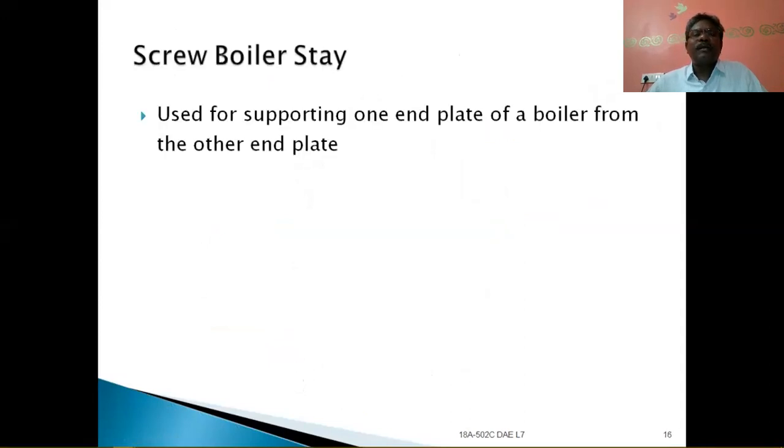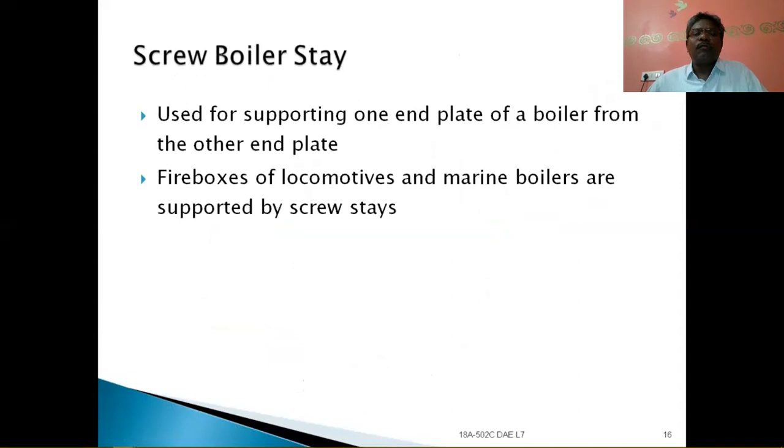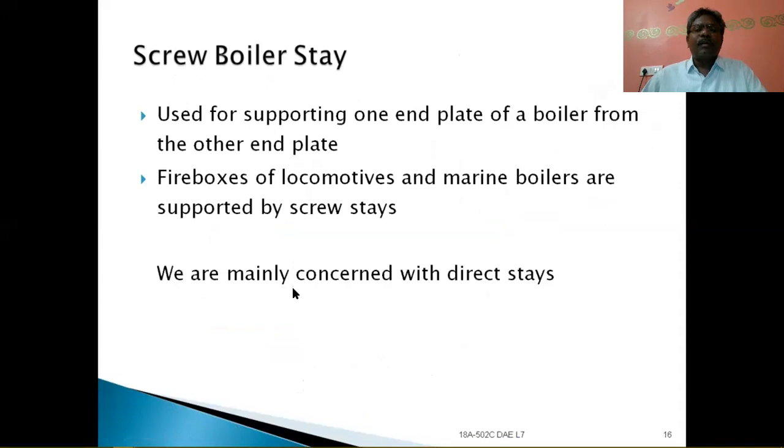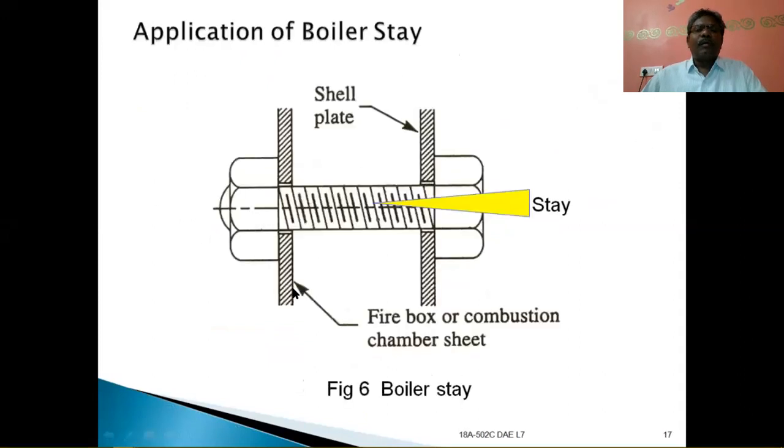And boiler stays are used for supporting one end plate of a boiler from the other end plate. So fireboxes of locomotives and marine boilers are supported by screw stays, and these are the applications.